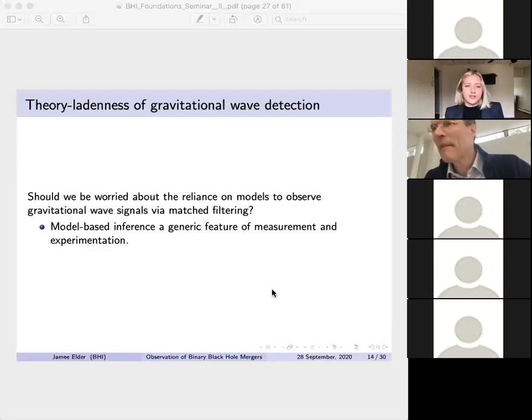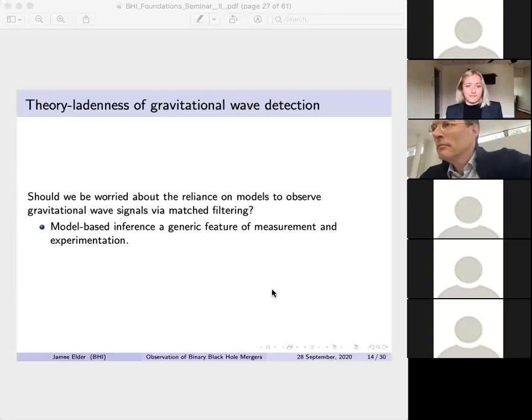Now, I want to resist the automatic jump to thinking that this is going to be a problem, in part because I think this is a very general feature of the experimental process. Measurement generically involves model-based inference. And insofar as this is a problem, it's a very general problem.